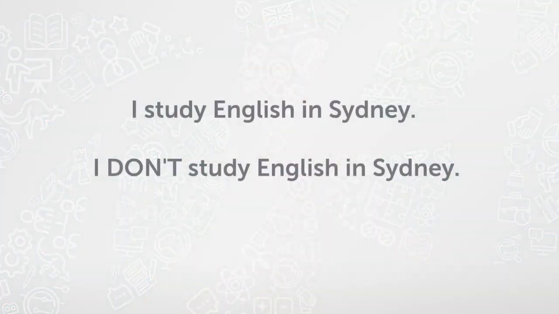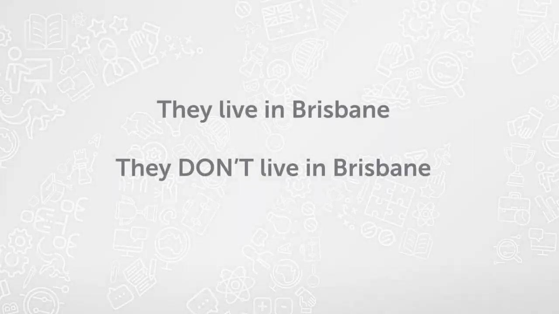If my positive sentence is, I study English in Sydney, then the opposite is, I don't study English in Sydney. If they say they live in Brisbane, the opposite is, they don't live in Brisbane. See, I added the word don't to the positive sentence just before the verb.